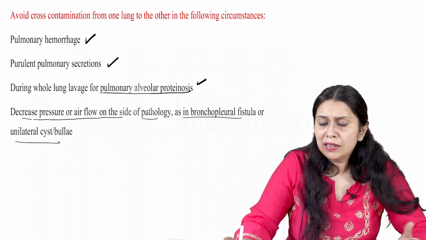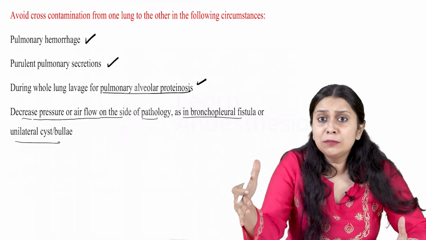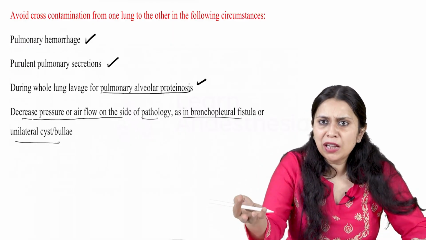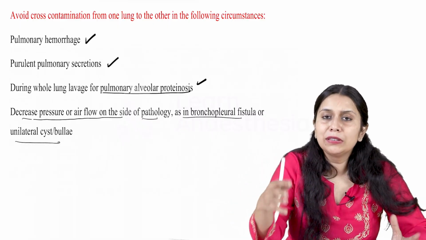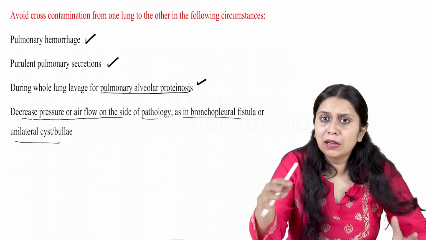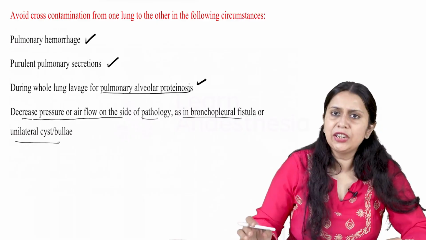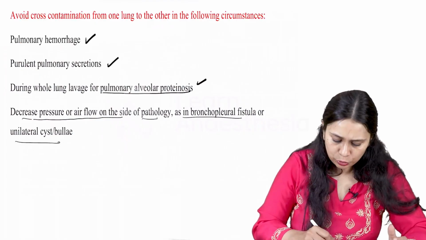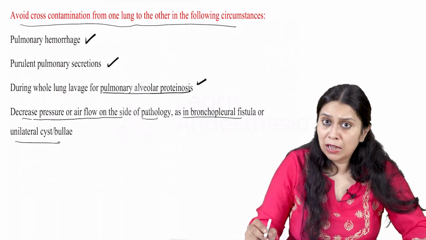Apart from this, there is a concept which is coming, differential lung ventilation, in which two ventilators are used to ventilate both the lungs, because during a number of lung pathologies, their physiological condition is different, and we need to practice ventilation differently in those patients. So still this is in experimental phase, but the concept of differential lung ventilation is also coming. So these are the indications of one lung ventilation. One group for the better surgical exposure, and the other group to avoid cross contamination of one lung to the other during some lung pathology.